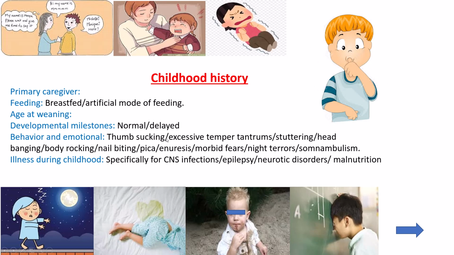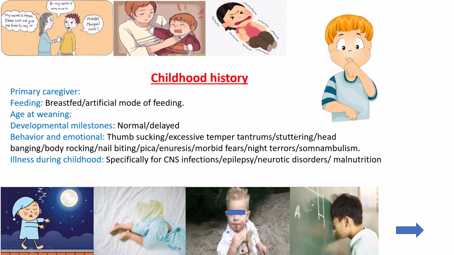About thumb sucking we have to ask. Excessive temper tantrum, aggressive behaviors the child will show. They will cry excessively till they get the things they want. So that is excessive temper tantrum.